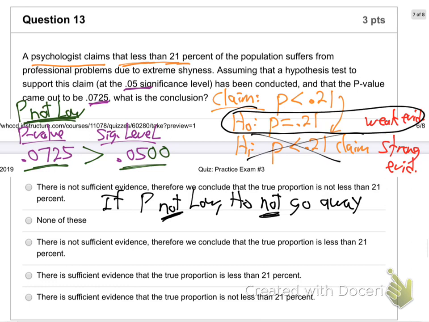And the other one goes away. See how we're concluding that? If the p is not low, then the H0 does not go away. We keep the H0 and cross out the H1. So our conclusion then, you can write it if it's helpful for you. Our conclusion is H0, which says p equals 0.21, and there's weak evidence for that fact.